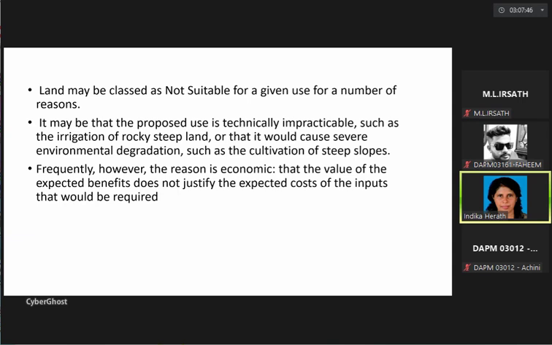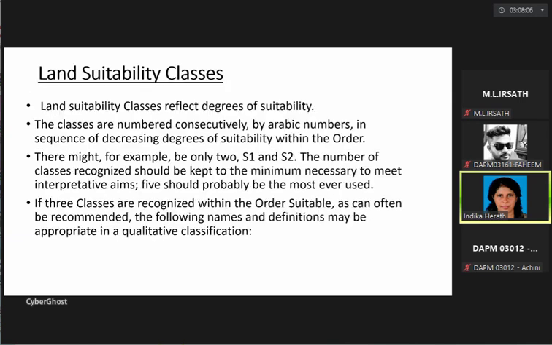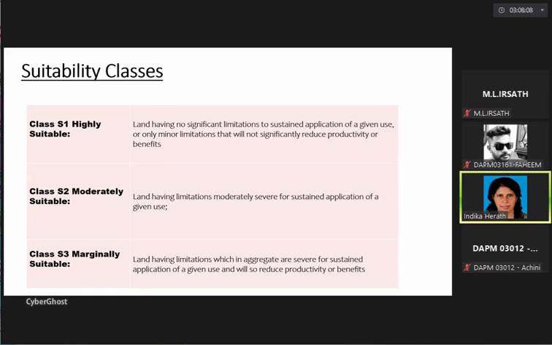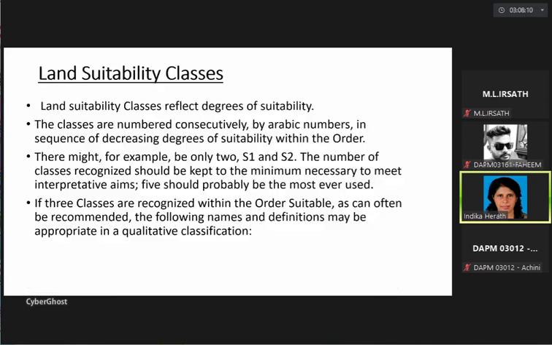Then it is not capable of supporting plant growth. And especially once you select the land, sometimes those not suitable lands we can also make suitable, right?